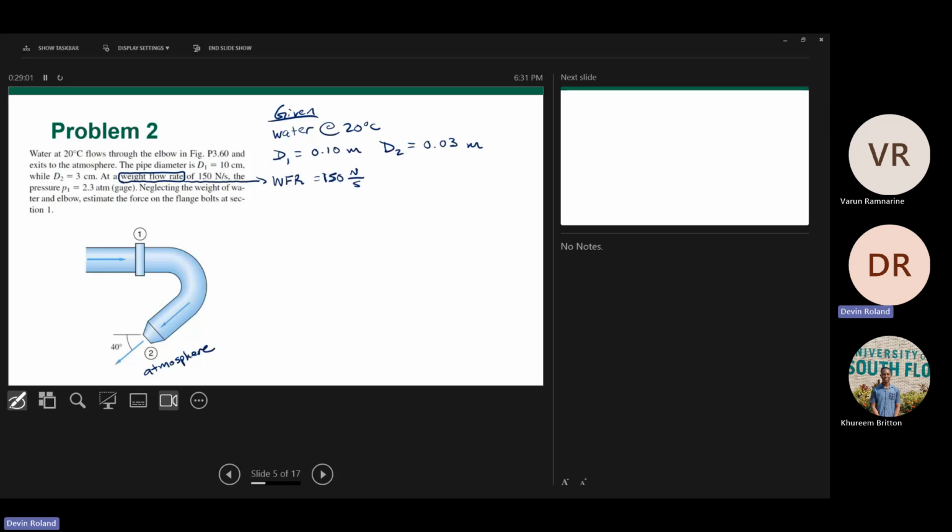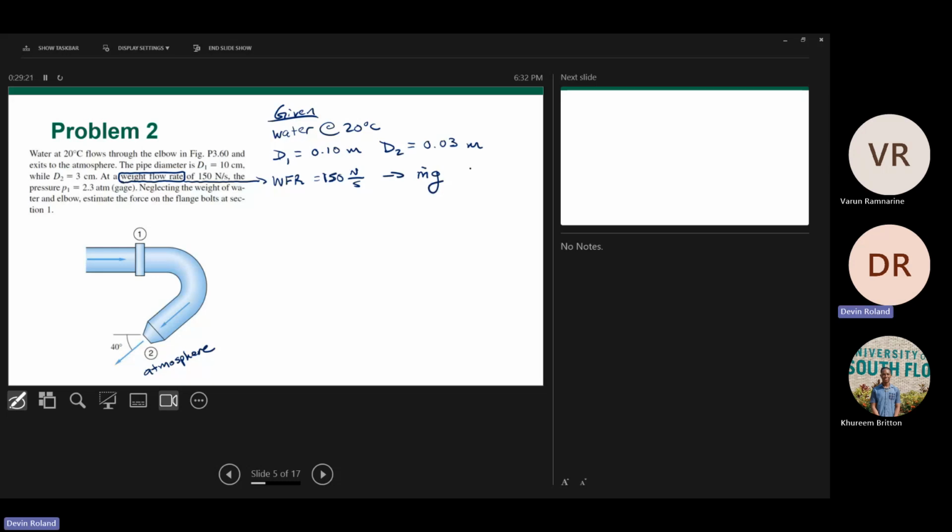If I'm being honest, I have never heard of a weight flow rate before this morning. Have you? Did he show you that in class? Okay. I didn't even know it was a thing until this morning. But a weight flow rate is a mass flow rate times gravity. That's all that is.